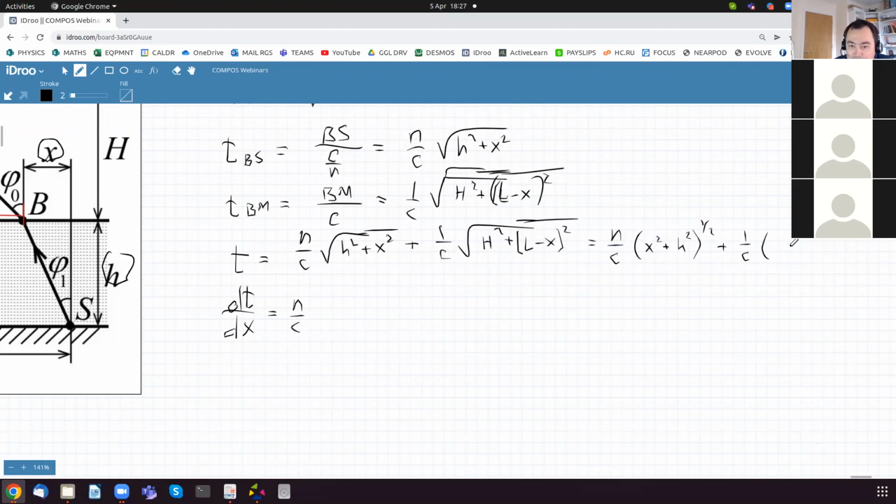Does it make sense to open the brackets? Yeah, I'm just going to open the brackets to make differentiating slightly easier.